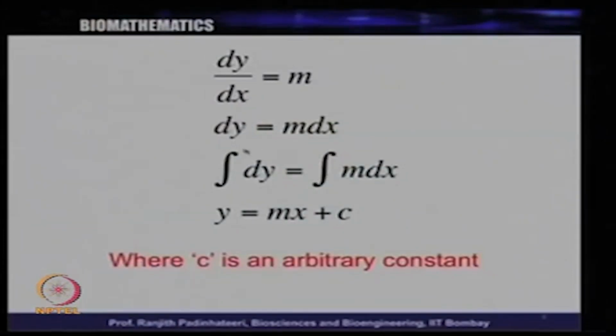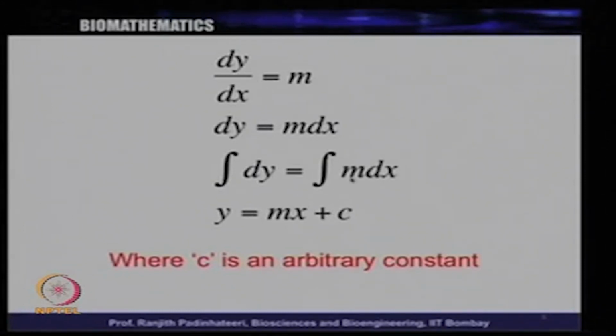From knowing this, one can write dy is equal to m dx. I can take dx this side and write dy equal to m dx, and you integrate on both sides. Integral dy is equal to integral m dx. Basically, m is a constant, and the integral of dx is x itself plus an arbitrary constant.